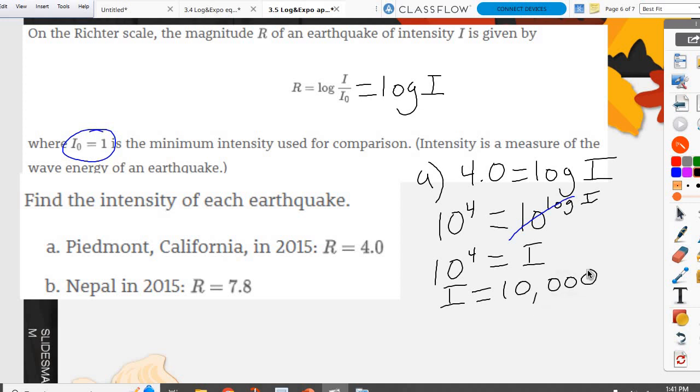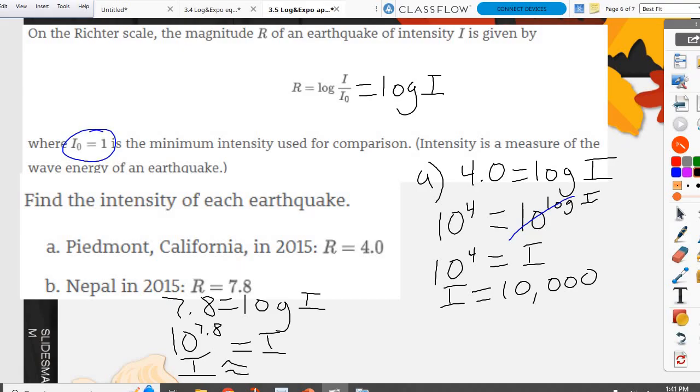Okay? So, notice on part B, we would end up with a very similar answer, but instead it's going to be 10 to the 7.8. What is 10 to the 7.8? It's a really big number.